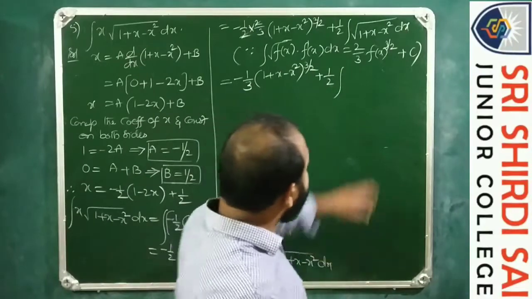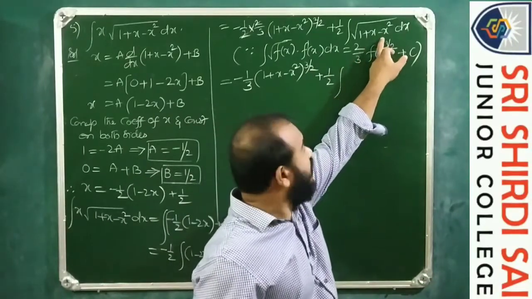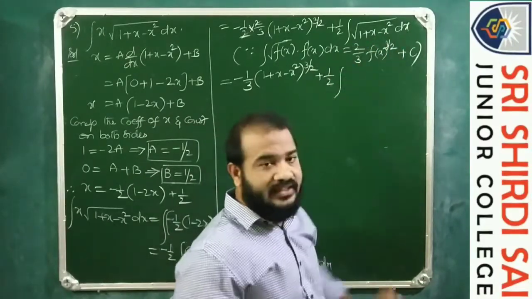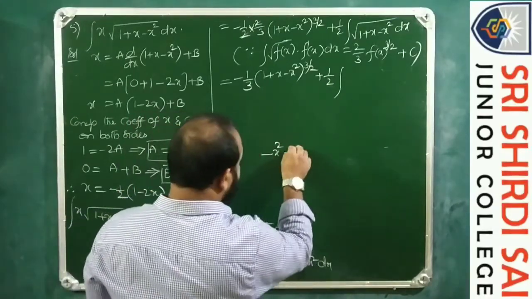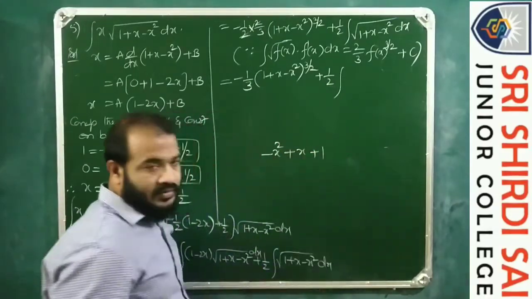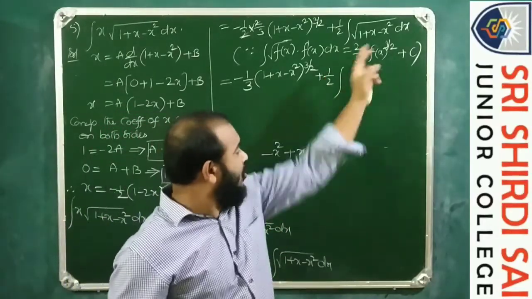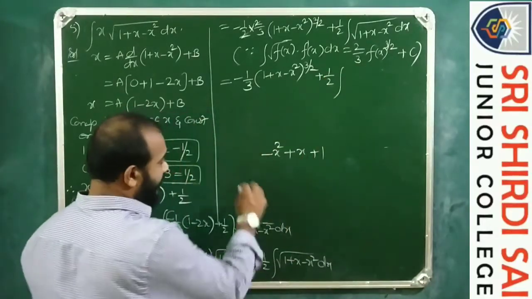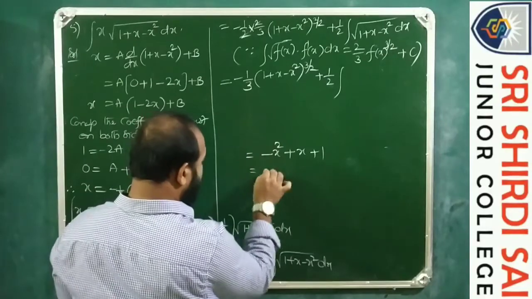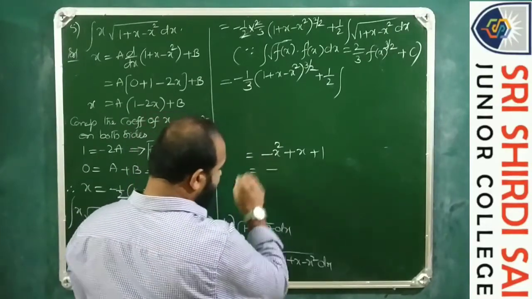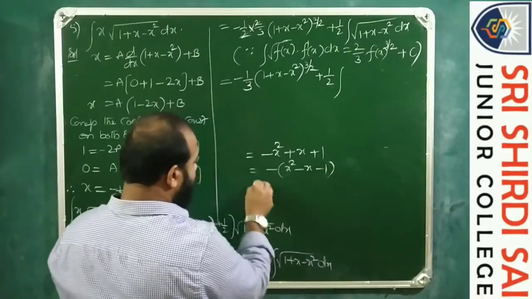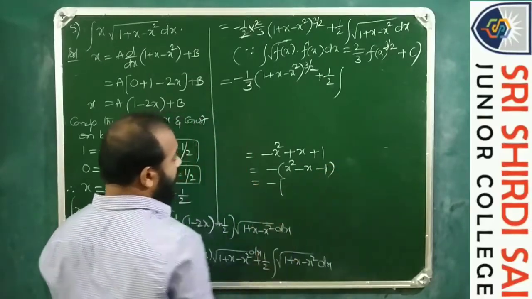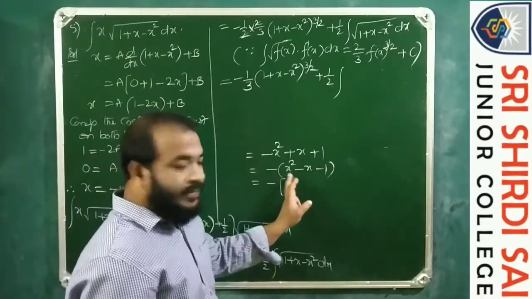So this is a pure quadratic expression, x square, x, constant. So minus x square plus x plus 1. If you write it in order, this is what we get. If you take minus as common, then x square minus x minus 1. So minus of, now let us complete the square.